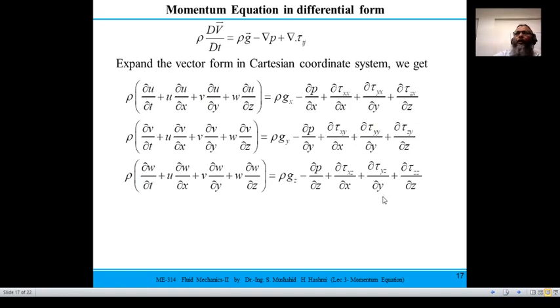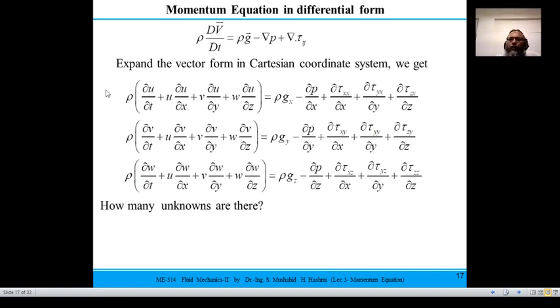So this is the vector form, and this is the expanded form using the Cartesian coordinate system, where the velocity in x is u, in y is v, and in z is w. If we look closely, how many unknowns do we have in these three equations?